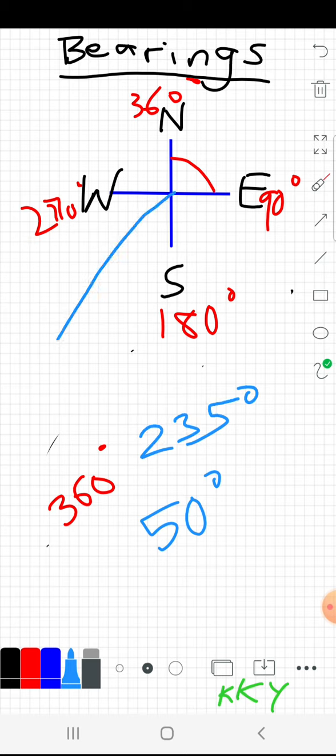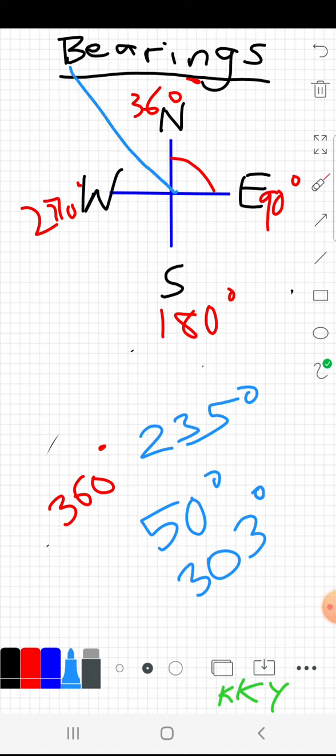So this is where I will draw my line. If it's, say, 110 degrees, it will be here, right? If it's, say, 300 degrees or 303 degrees, it will be in this region because this is between 270 to 360.